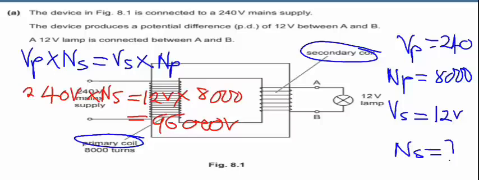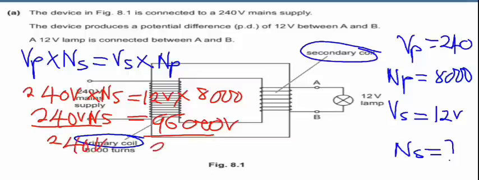Then when I multiply 240 volts by the number of turns on the secondary coil, I get 240 volts times the number of turns on the secondary coil. Then when I divide both sides by 240 volts, what am I going to get?